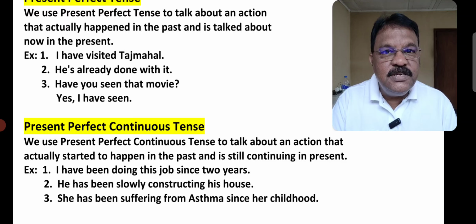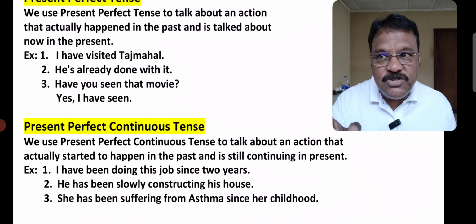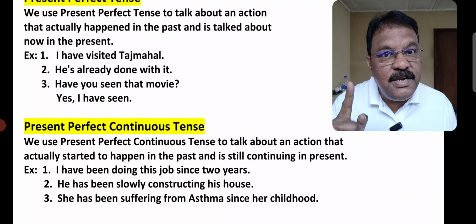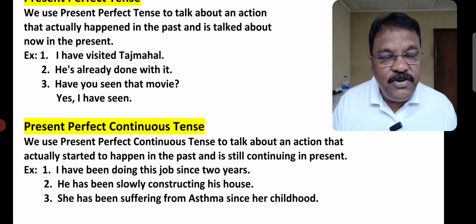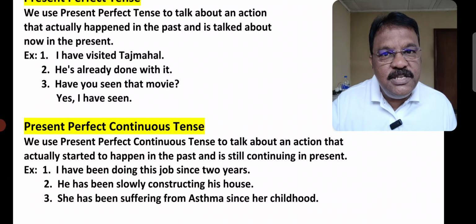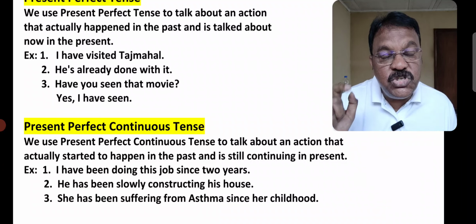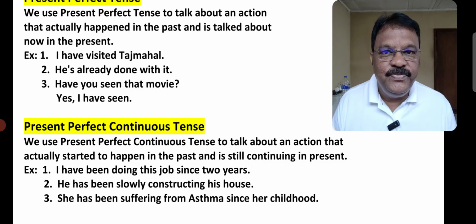Present perfect continuous tense. If you remember, we have just seen present perfect tense, right? What is it used for? Present perfect tense is used for an activity that is done in the past but is talked about now.